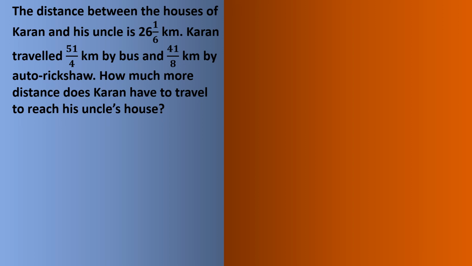So it is a question. The distance between the house of Karan and his uncle is 26 and 1 by 6 kilometer. 26 and 1 by 6 is in the form of a mixed fraction, that's why we will convert it into improper. That is equal to 157 by 6 kilometer.